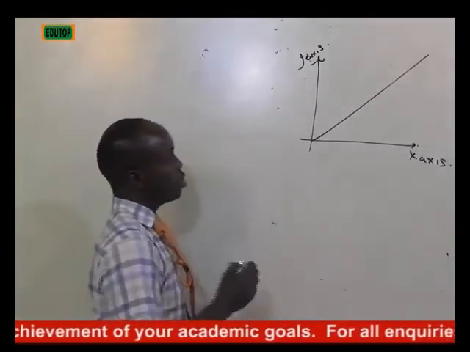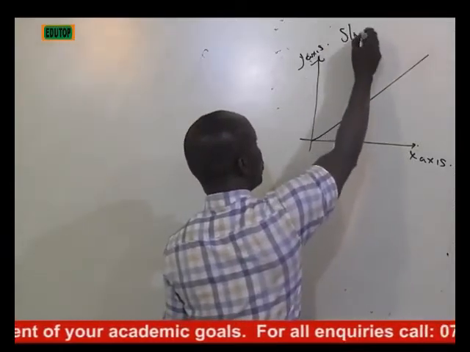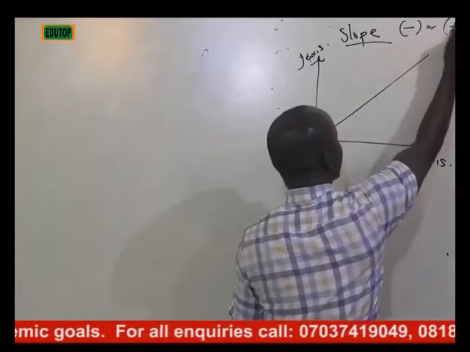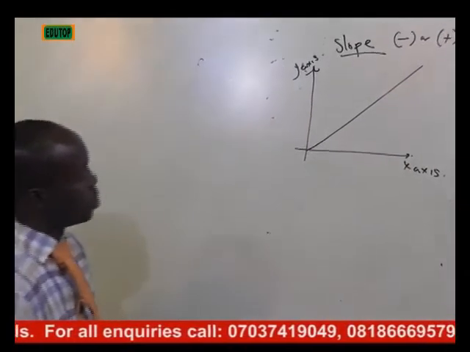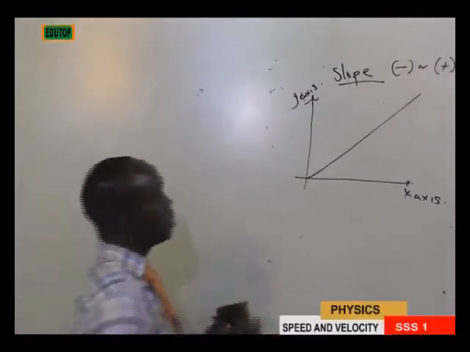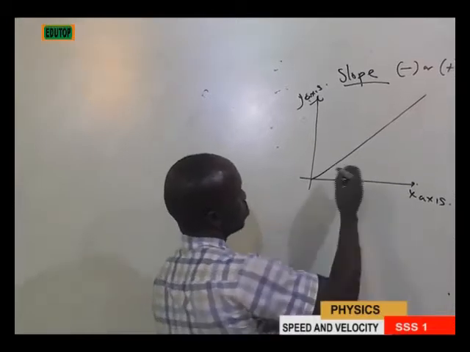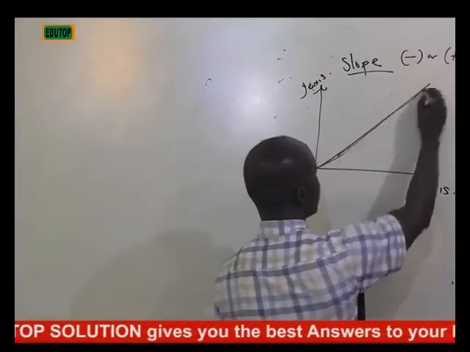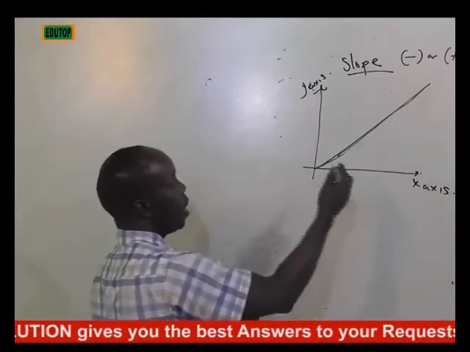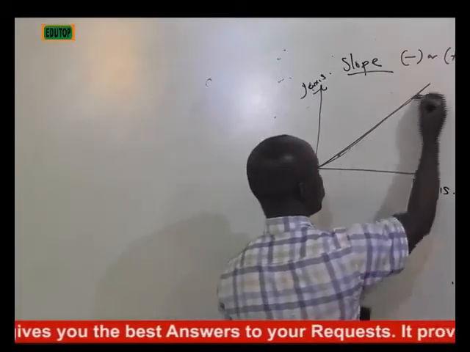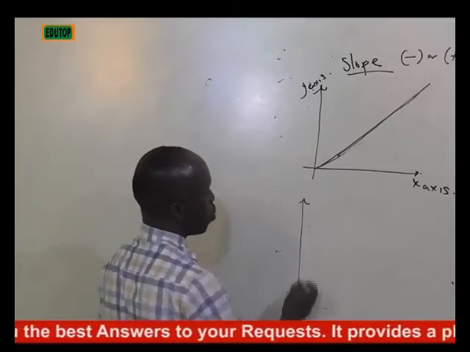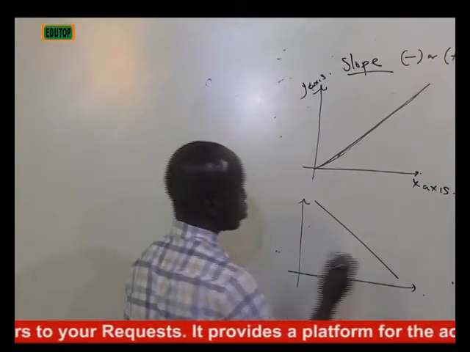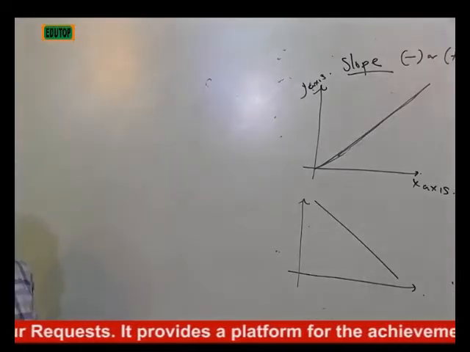Now, mind you, this word slope could either be negative or positive. A positive slope can be located when you have a diagonal line of this structure, while a negative slope can be gotten when you have a diagonal line of this structure. Are we getting it?